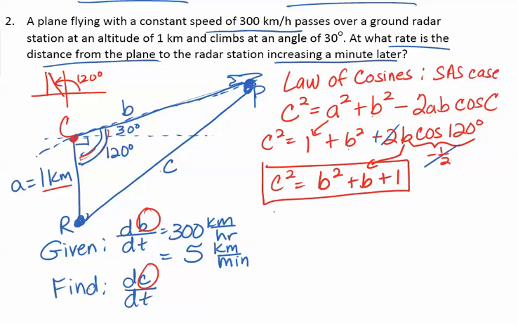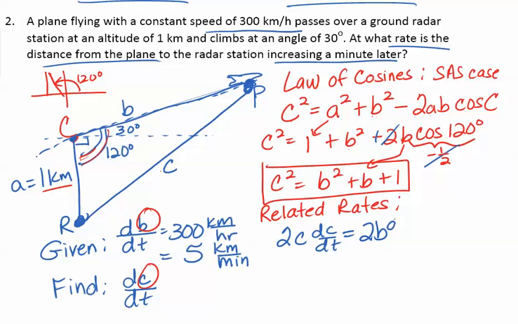All right, so now we can do our related rates by differentiating with respect to time. So I think this part, I hope, is going quickly for you now. 2c dc/dt equals 2b db/dt plus the derivative of b is 1 db/dt, and the derivative of the 1 is, of course, 0.